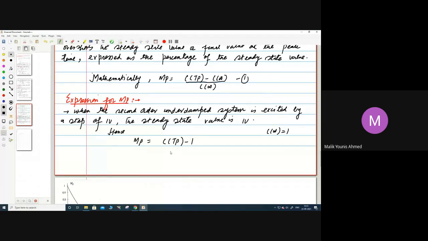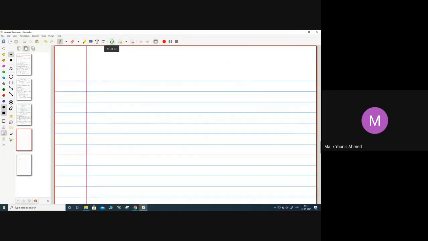Since the final value C of infinity is equal to 1, this will be 1 and 1.